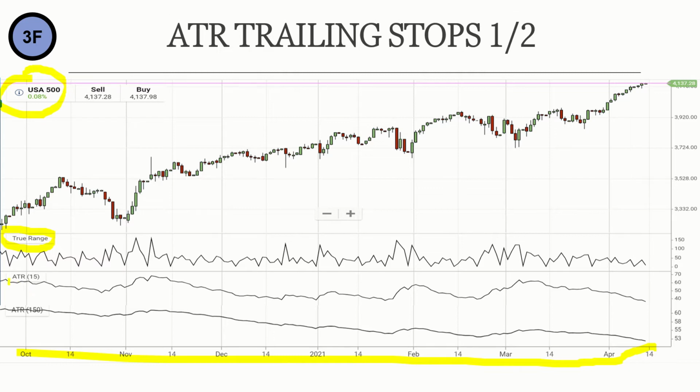Now, the average true range for a time parameter of 15 oscillates much less, and even less, the average true range for a time parameter of 115. So as I said before, the higher my n, my time parameter, the smoother my ATR will be.